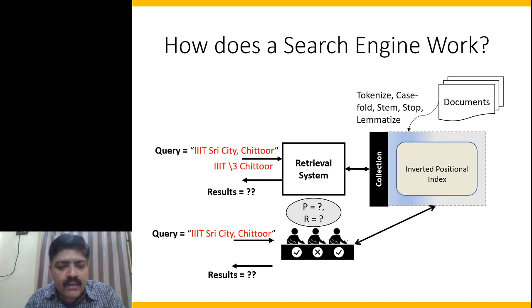We assume that the human derived results are the ground truth, which is the right one, and we want to ensure that our retrieval system matches the human observation as closely as possible. Comparing these two results, we could derive two metrics, precision and recall, which can say how good our system is.